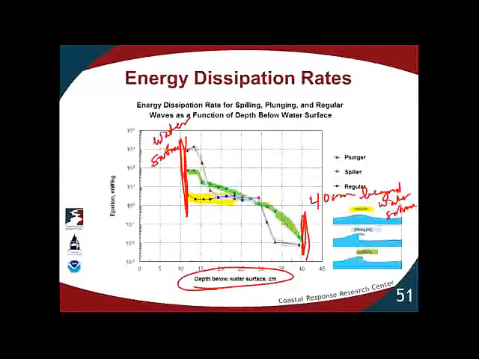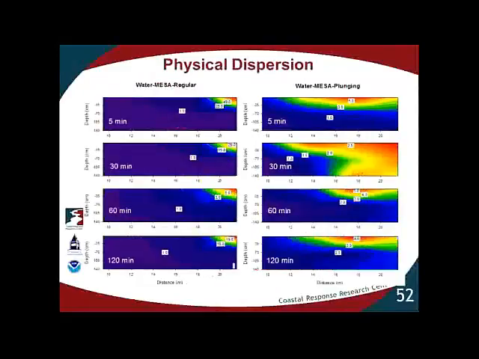Now this is another neat little set of pictures that Ken Lee and Al Venosa put together. Okay? And basically, here's the Mesa oil, in a regular wave and a plunging wave. Okay? All right.